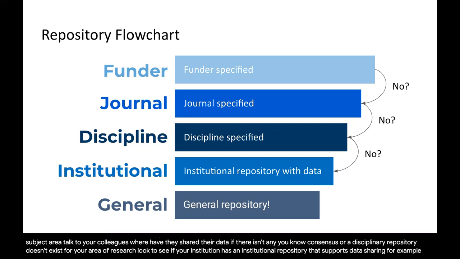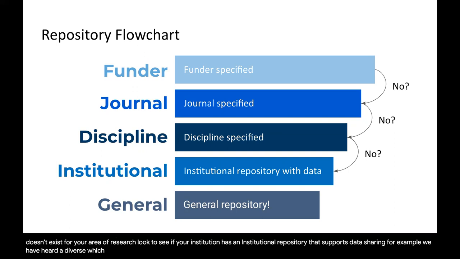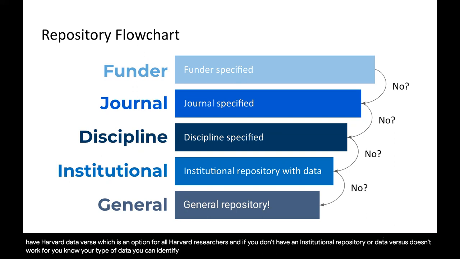For example, we have Harvard Dataverse, which is an option for all Harvard researchers. And if you don't have an institutional repository, or Dataverse doesn't work for your type of data, you can identify and use a general repository like Figshare, Zenodo, or even the Open Science Framework.